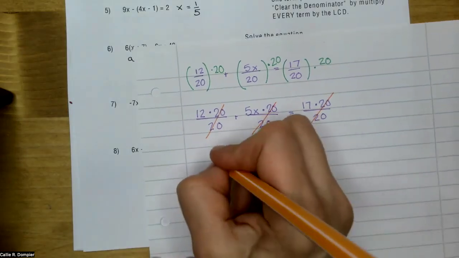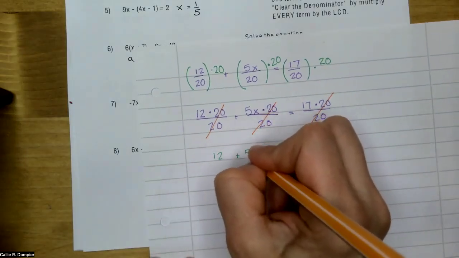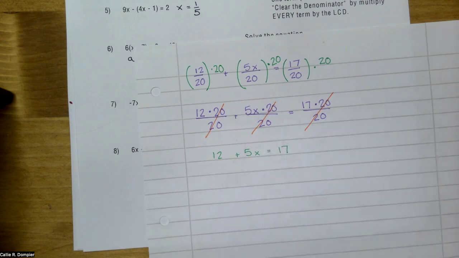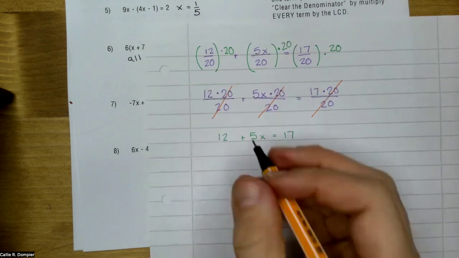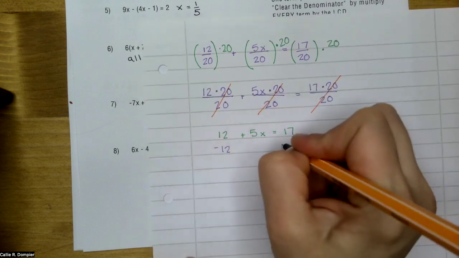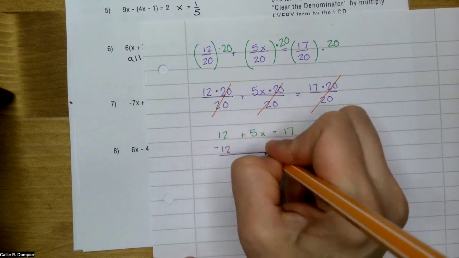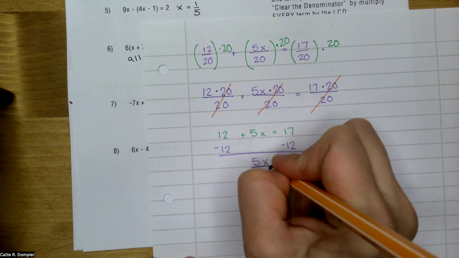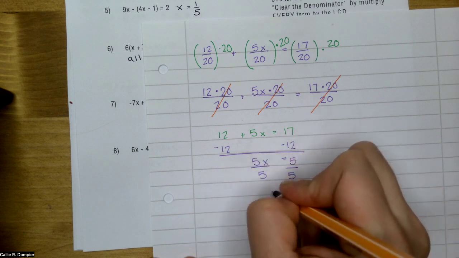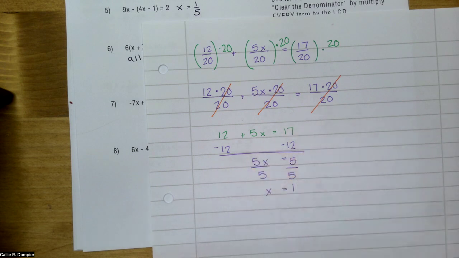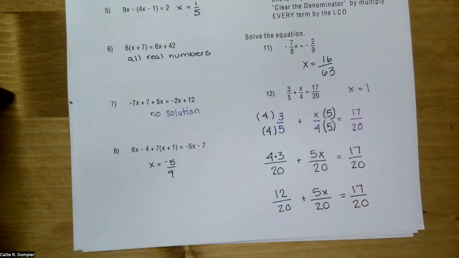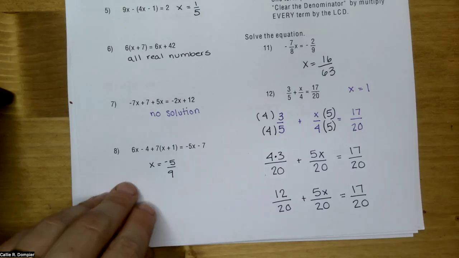Good. So now that is 12 plus 5x equals 17. I'm just going to solve it like there are no fractions because I got rid of the fractions. I'll subtract 12, and what I get is 5x is equal to 5, divided by 5, and x is 1. Good? Okay.